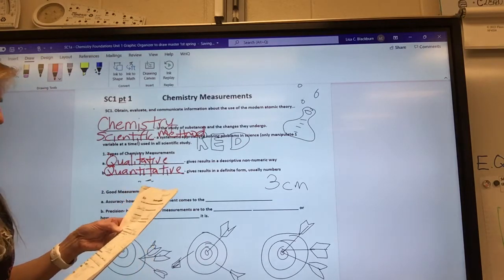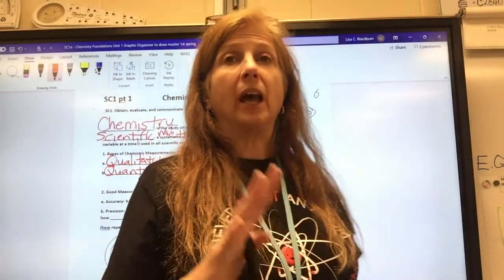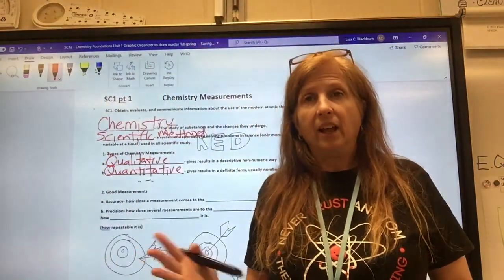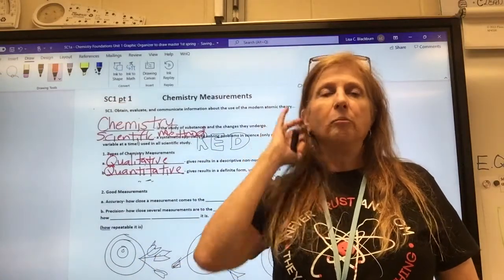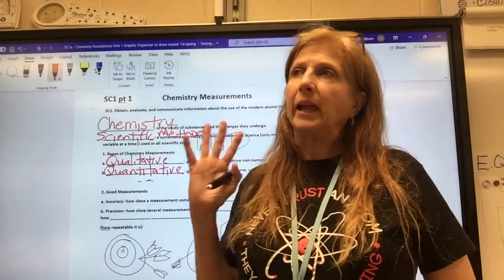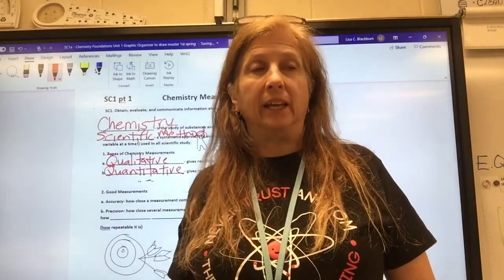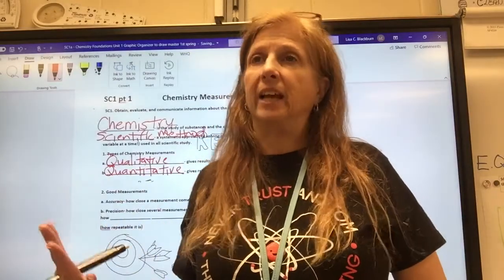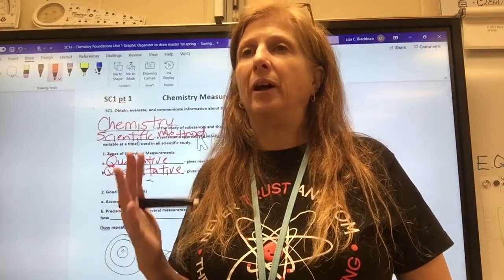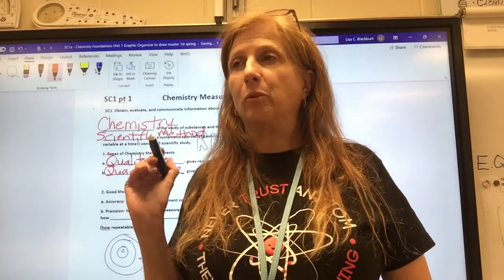Okay, so good measurements. We want to have good measurements. We want to be honest scientists that have good measurements. In science, in research, you can make a lot of money. So sometimes scientists will lie about their numbers to make them look better than they are so that they get more money.